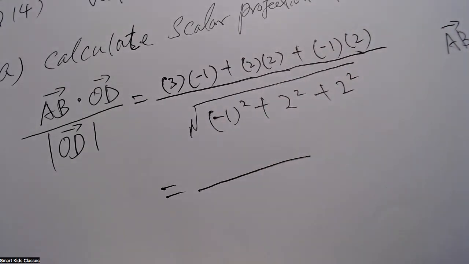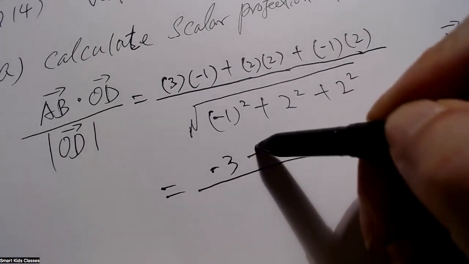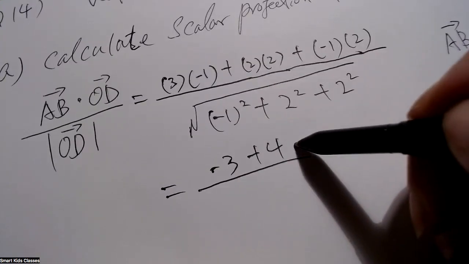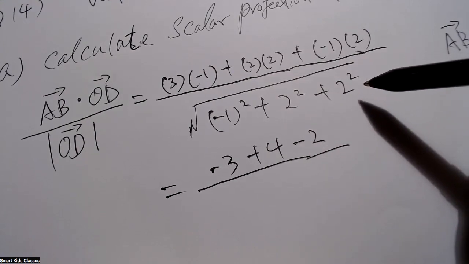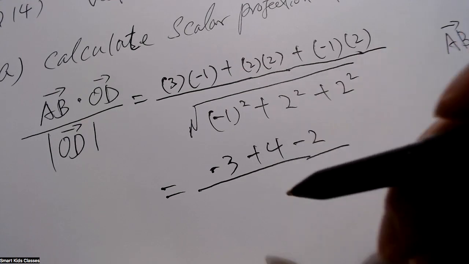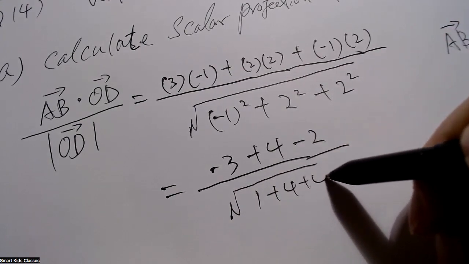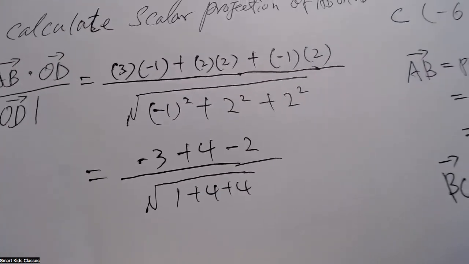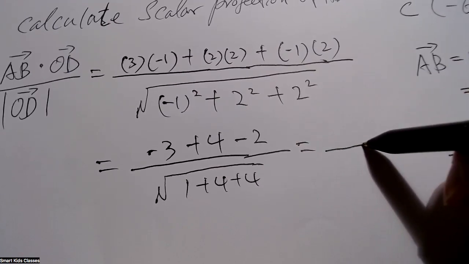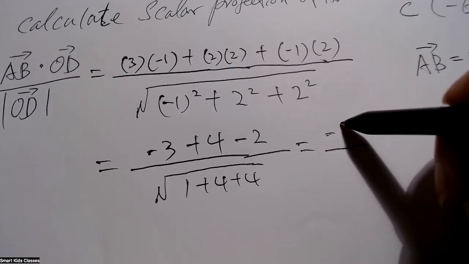So the first one we get is -3 plus 4 minus 2. How about the magnitude? We get 1 and 4 and 4. And from the numerator, -5 plus 4, we get -1.